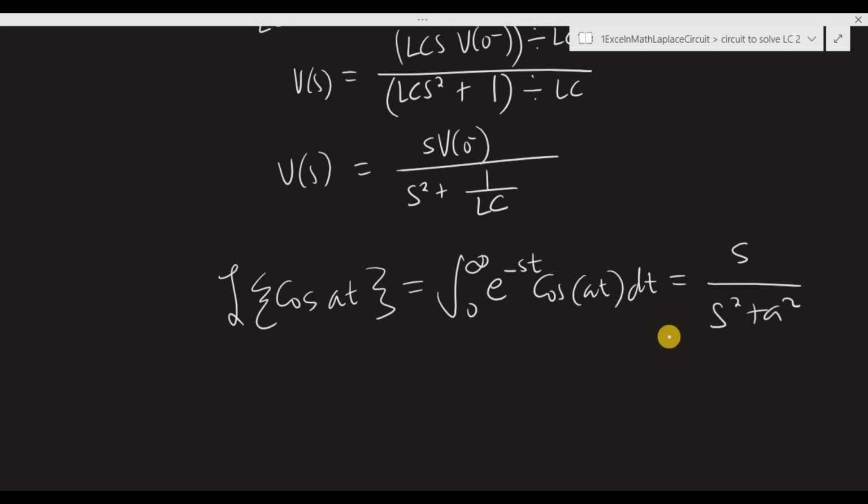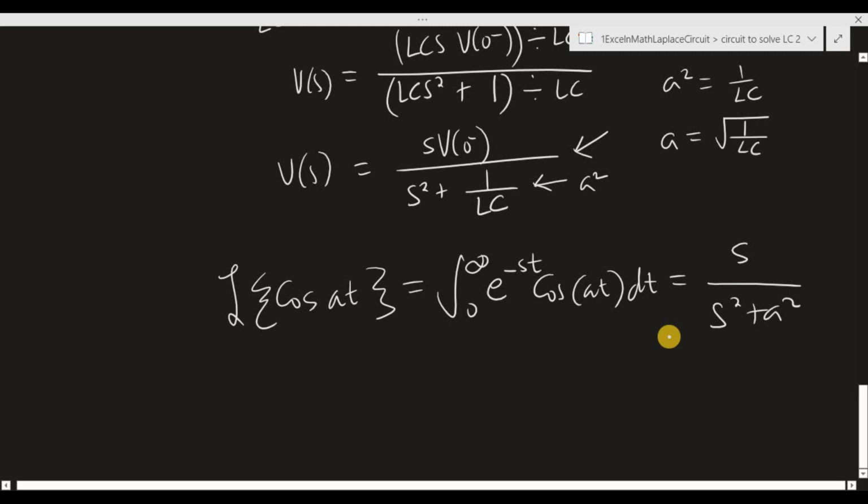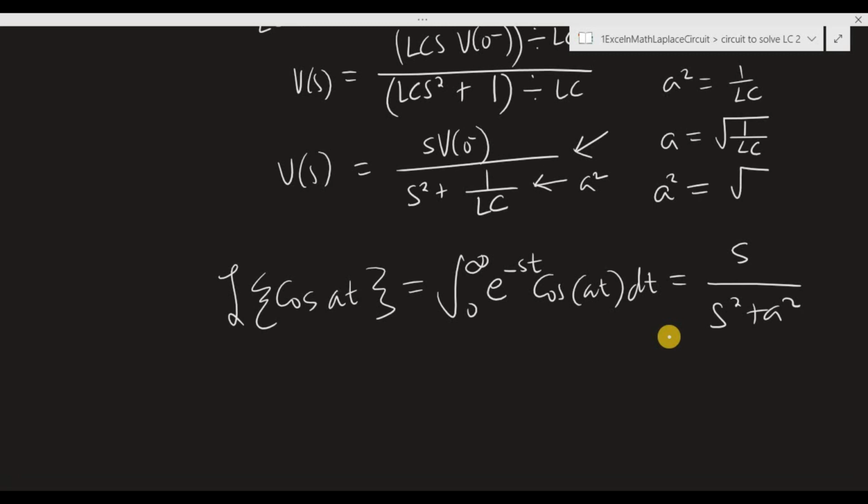Now in this equation, our a squared is this term, so a squared equals 1 over LC, and therefore a equals the square root of 1 over LC, and then we can rewrite a squared as the square of the square root of 1 over LC.